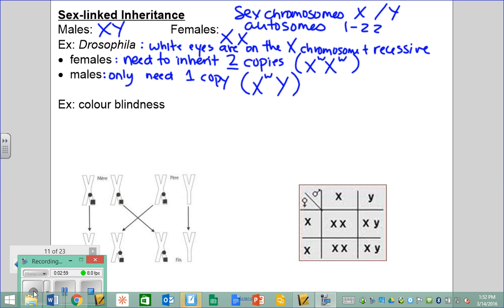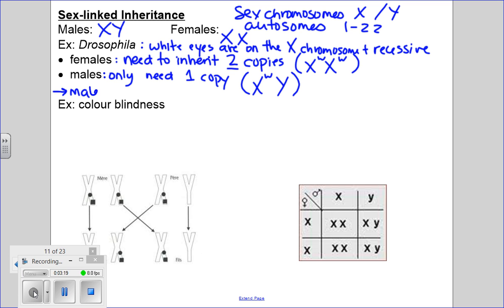But since males only have one X chromosome, normally, if they inherit even one copy of the recessive allele, they will show that phenotype because there's no second X chromosome to give me a different possibility. The result is that very frequently males are more affected if the allele is on the X chromosome.